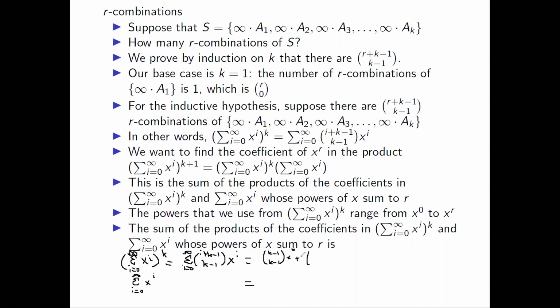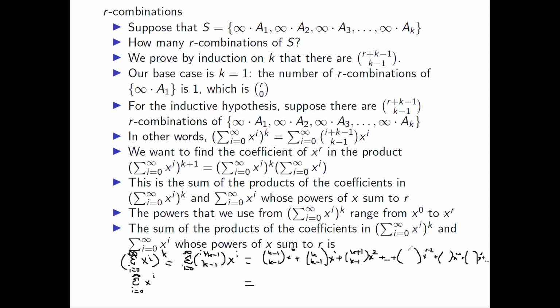Plus k minus 1 plus 1 choose k minus 1, which we can write as k choose k minus 1, times x to the 1, plus k plus 1 choose k minus 1 times x to the 2, all the way up to an x to the r minus 2, plus something x to the r minus 1, plus something x to the r. And it'll go forever after that, and the terms after that won't matter.